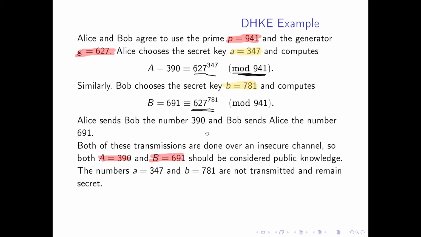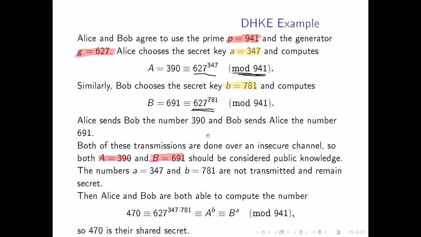We don't transmit those. Those have to be kept secret. Now, Alice and Bob both can compute their value. If I'm Alice, I'm going to take Bob's value that he sent me, this 691, and raise that to my 347, and it's going to give me 470.